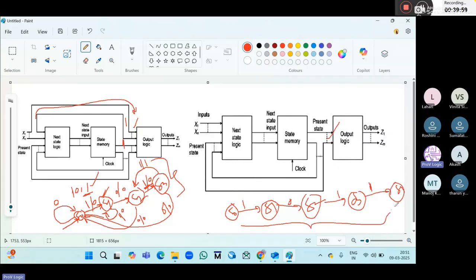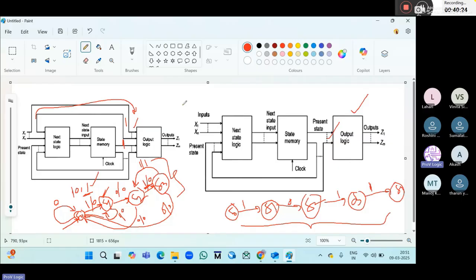Area wise it is not efficient. Okay, but in terms of industry, which one is used mostly? Moore machine, even though it is not area efficient, we still use the Moore machine. Why? Because we already discussed the glitches concept, right? Glitches and hazards, last week I think.